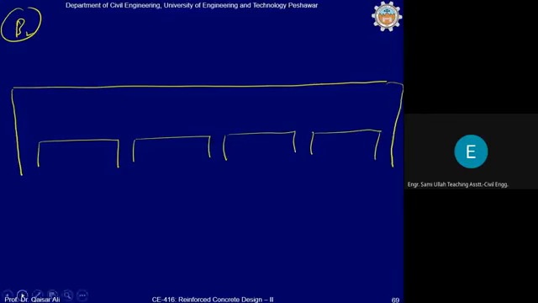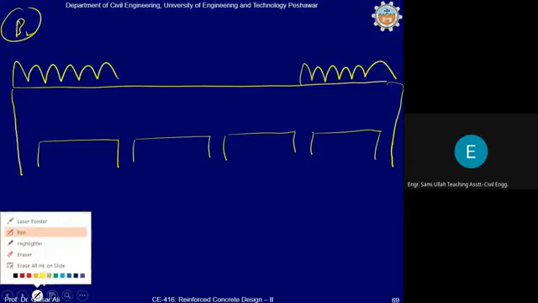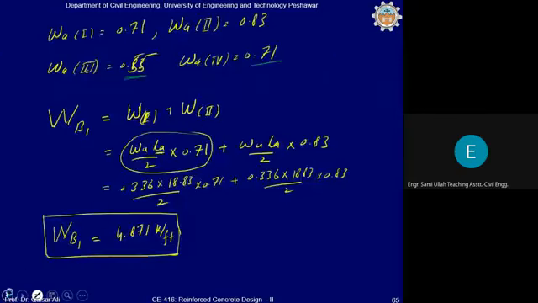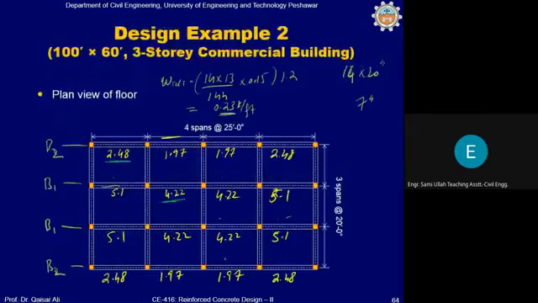Okay, and again, load acting on the exterior span was how much? 2.48, and load acting on the interior span, it was 1.97.